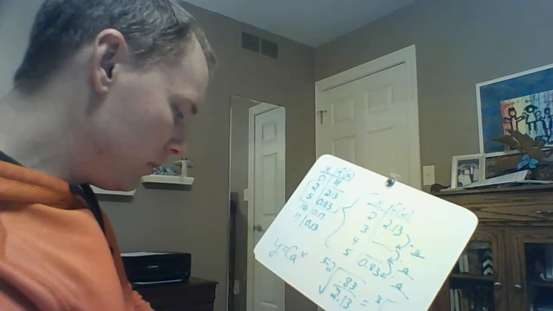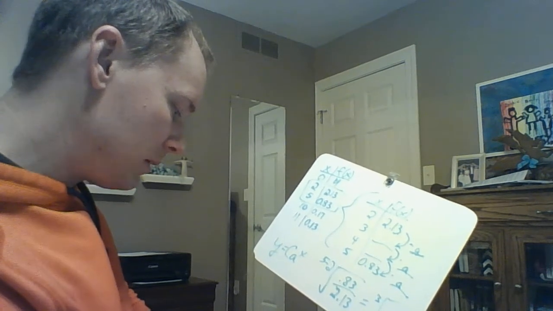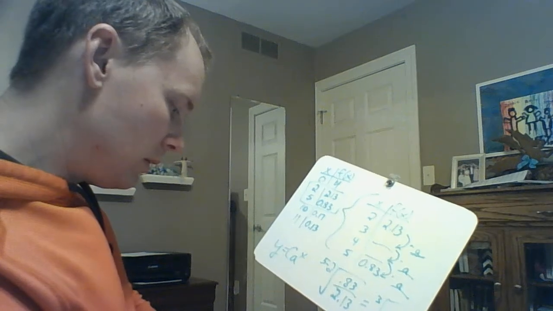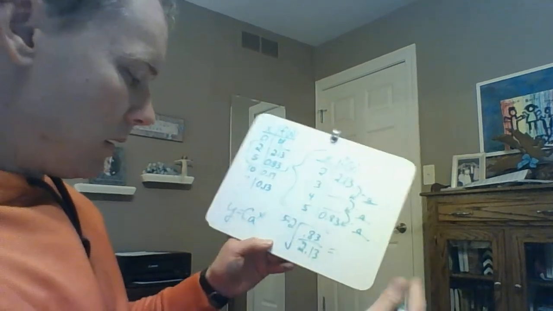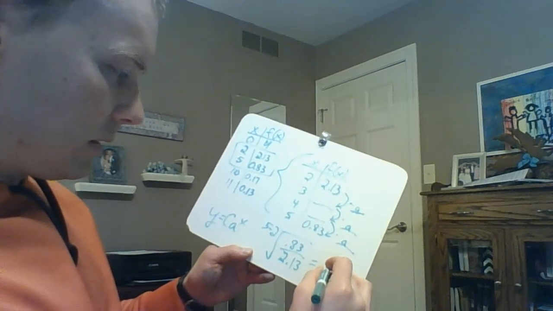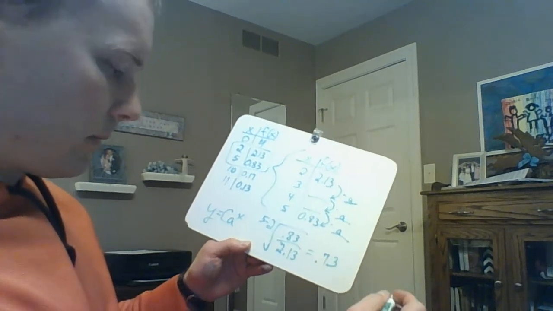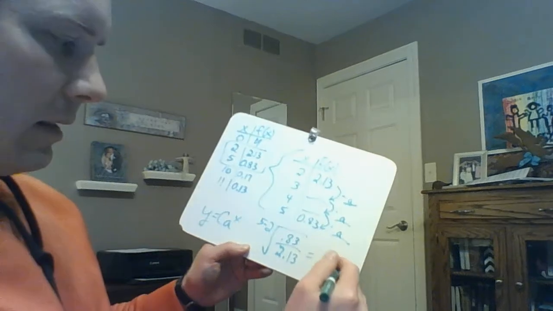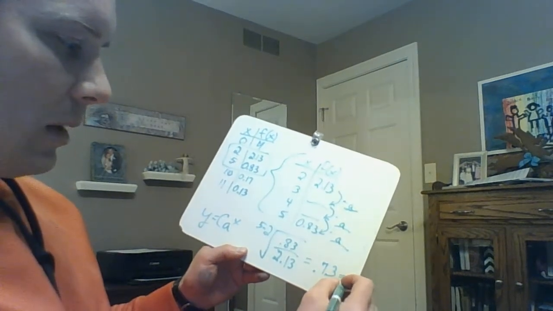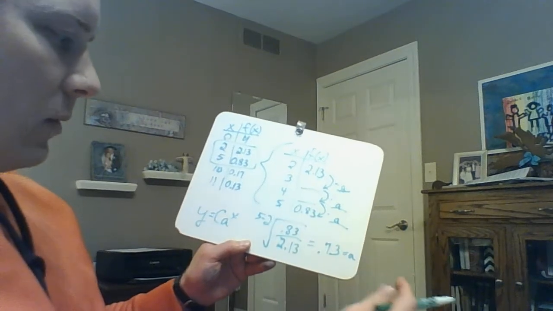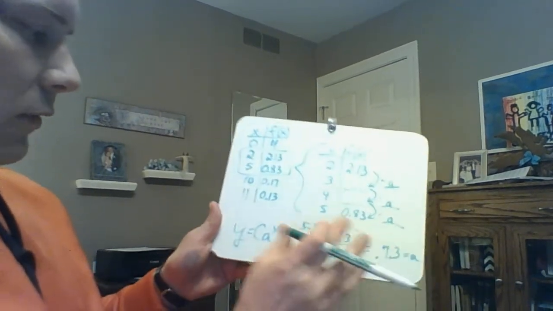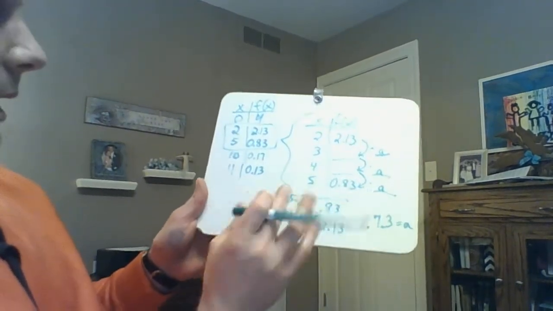Make sure you get parentheses around that. You guys probably have newer graphing calculators than I do. But this gives you 0.73. Okay? And that is the a value that we came up with doing it the other way. This is just another way of doing it. Maybe a shortcut for some of you that like shortcuts.